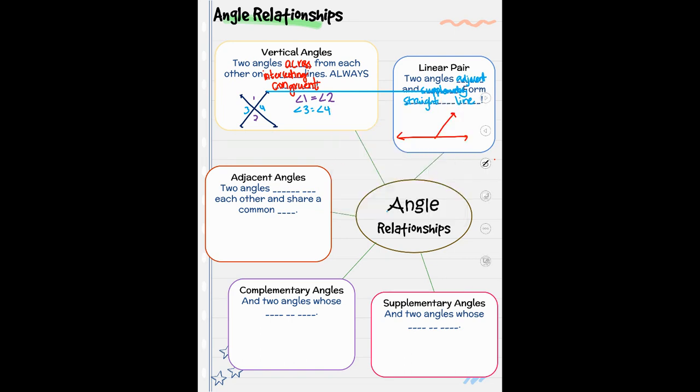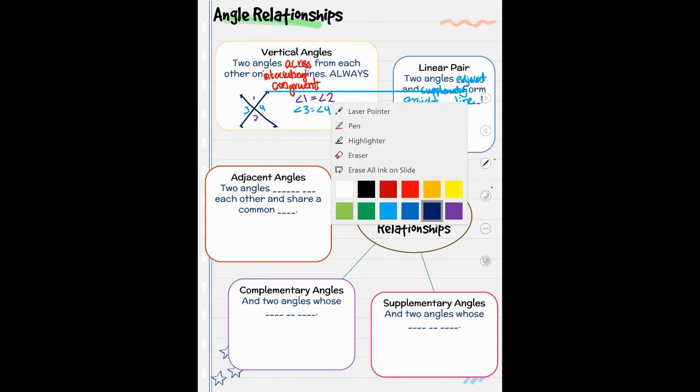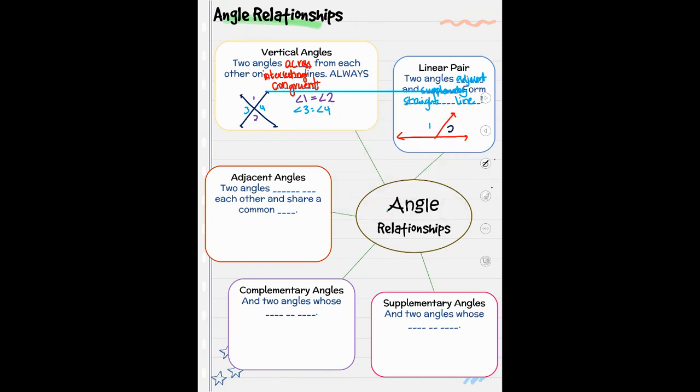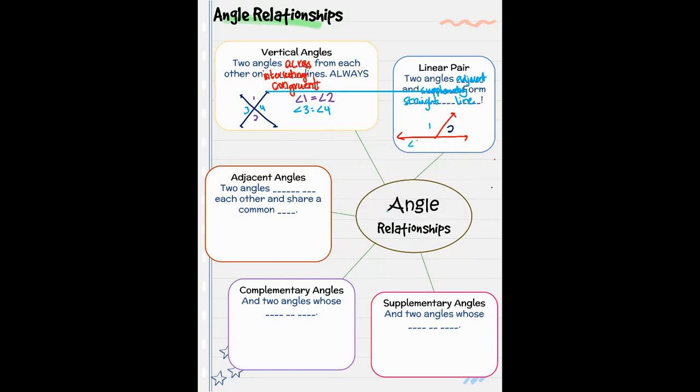And we got this angle here, and we got this angle here. And remember from the other day, our angle addition said that this angle plus this angle, if it's a straight line, adds up to 180.